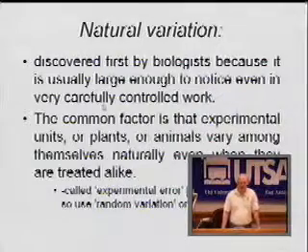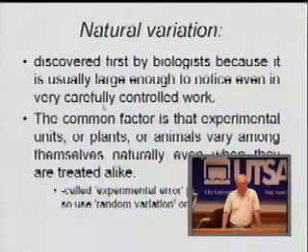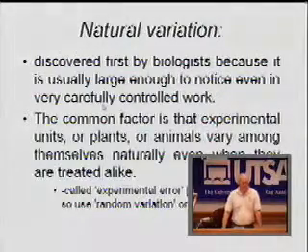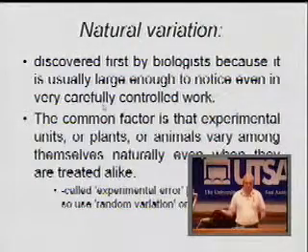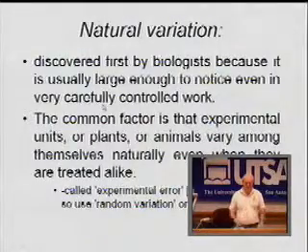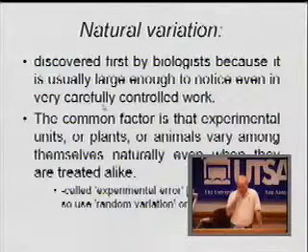And so there are tests and procedures to handle all of that and build the confidence that the variation in your sample is either due to a real difference between your experimental groups or is limited only to the natural variation to the highest degree of control.